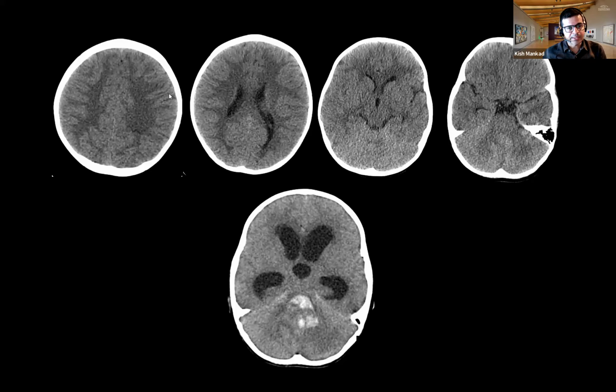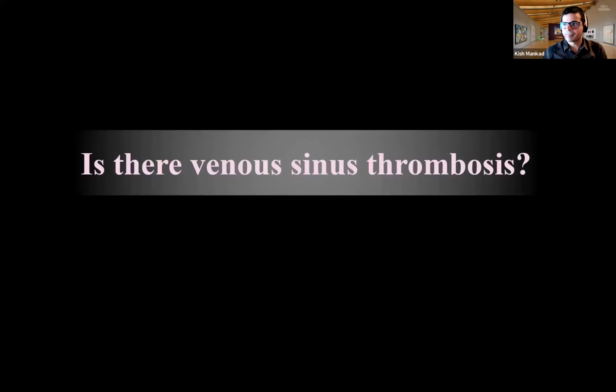So you can't always easily use that in terms of differentiating raised pressure from not raised pressure. One of the main questions that you will encounter in neonates as well as older children is the problem of venous sinus thrombosis. And CT has a role, but there are other modalities as well. But this is the more common scenario in the very acute setting.